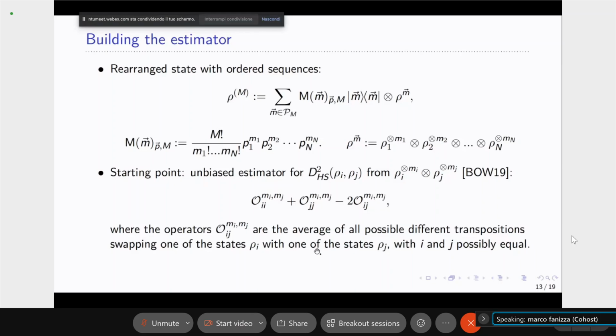And we can compute the expectation value using the fact that the expectation value of a swap for a tensor product of two states is just the trace of the product of the density matrices. And we can also evaluate expectation values of products of these operators O_ij.